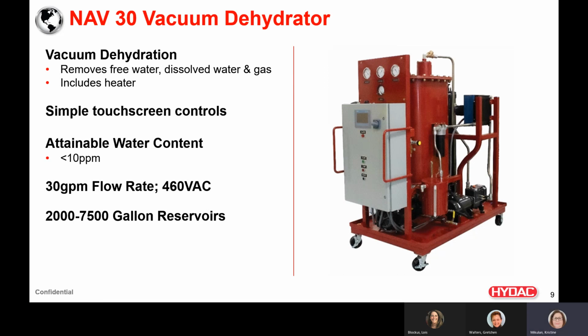Like our MAFHE units, it does have simple touchscreen controls with minimal user intervention in order to get the unit to run. We can get water contents down to 10 parts per million, and that's due to the vacuum technology incorporated into the equipment. This unit is a 30 gallon a minute flow rate, 460 volt, 60 hertz, 3-phase power supply. Ideally, you want to use this on a 2,000 to 7,500 gallon reservoir due to the high flow rate.